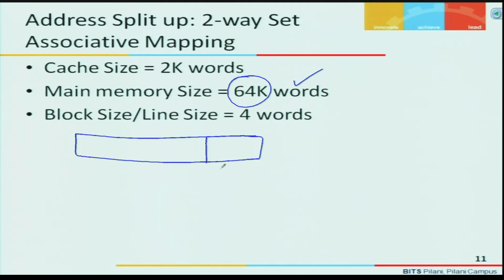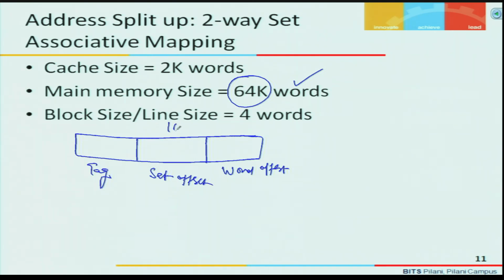So, here address will be split up into 3 parts: word offset, a new field will come, that is a set offset I can say, and third is no doubt tag.